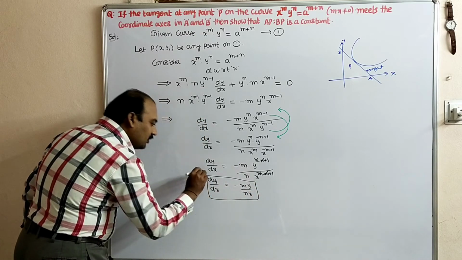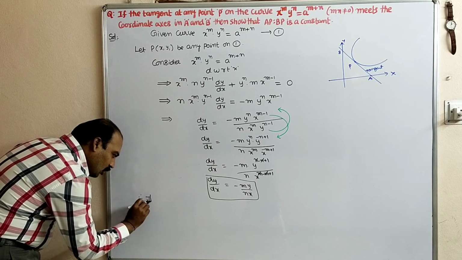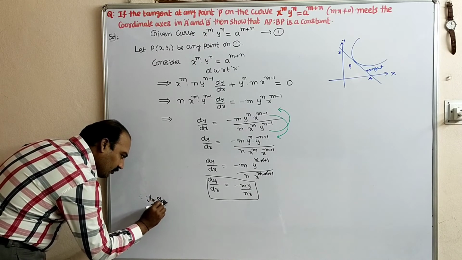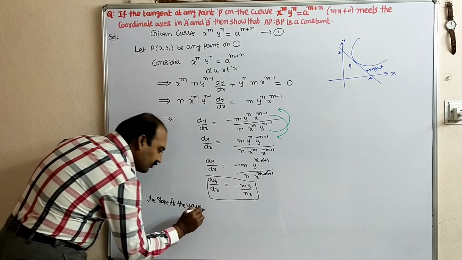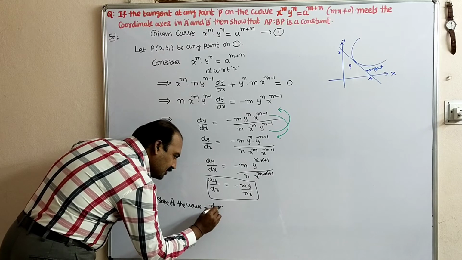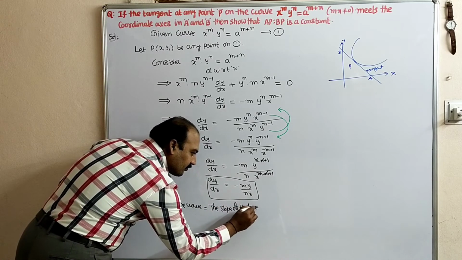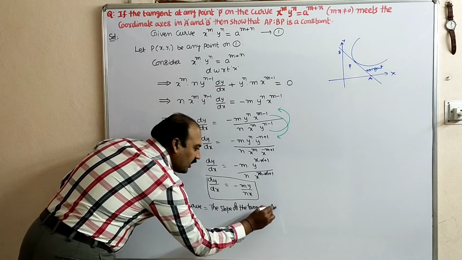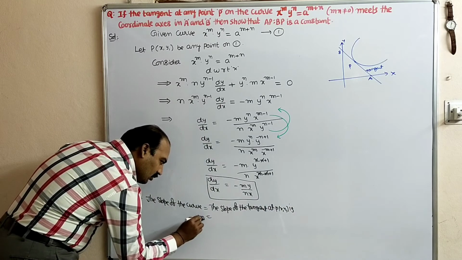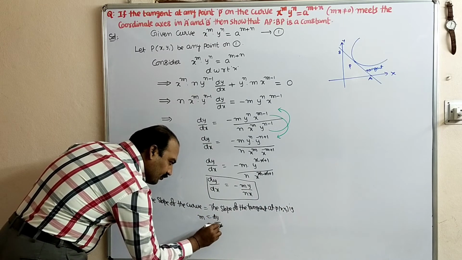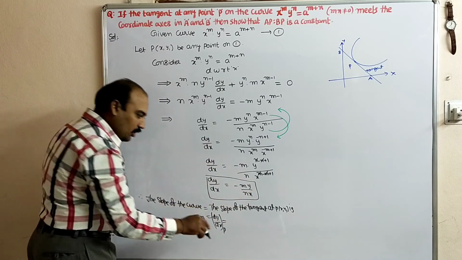After getting the slope, at what point can you calculate? x1, y1. Therefore, the slope of the tangent to the curve at P of x1, y1 is m equal to dy by dx equal to, wherever y and x is there, x1, y1 you have to replace.